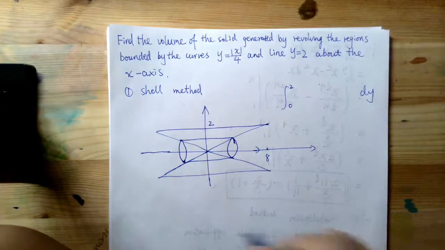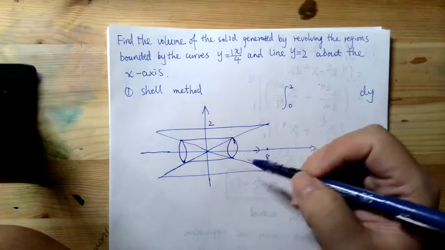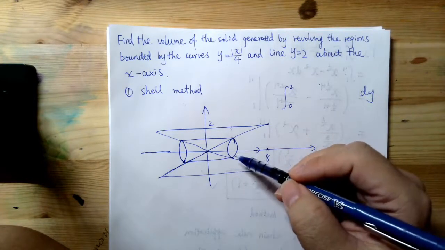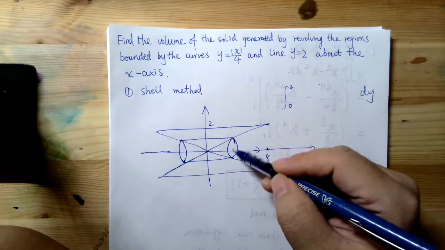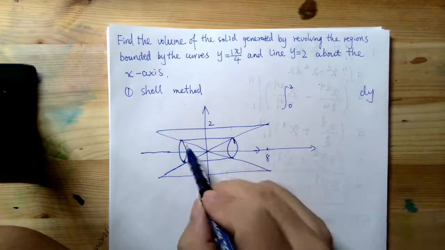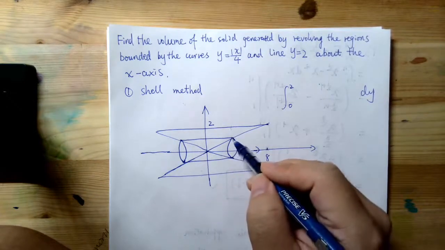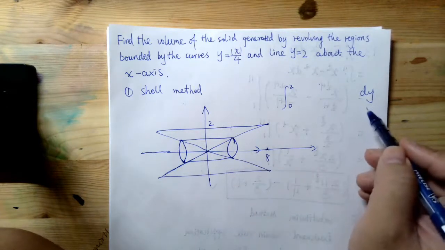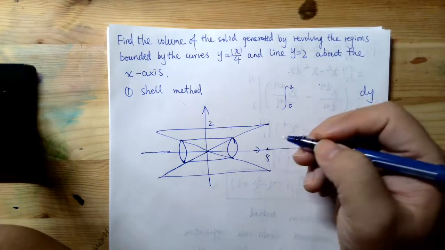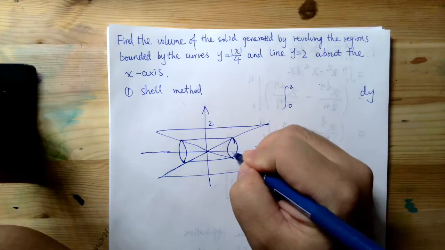And we know that it's going to be 2 pi times the radius, and then times the height, and then also times the thickness, which is dy, it's already here.